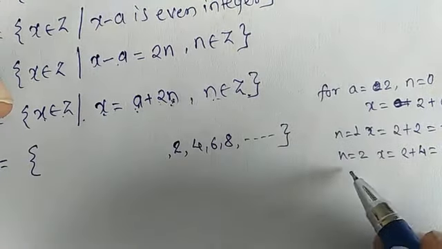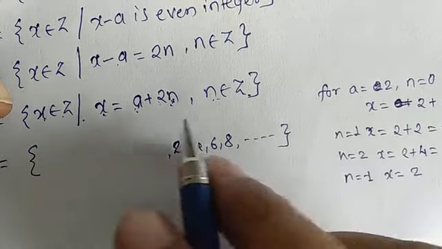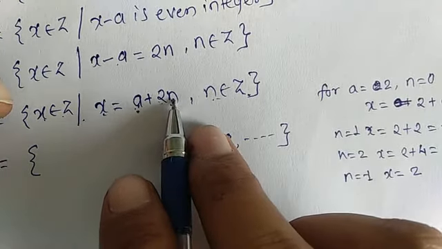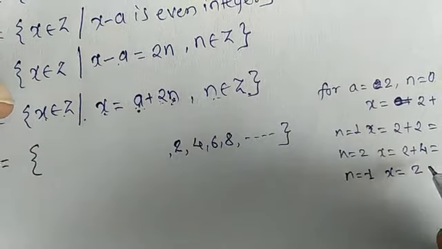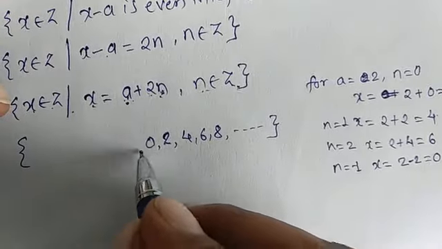And for negative values, for n is equal to minus 1, x will be 2 plus 2 into minus 1, which is 2 minus 2, which gives us 0. So its previous will be 0.